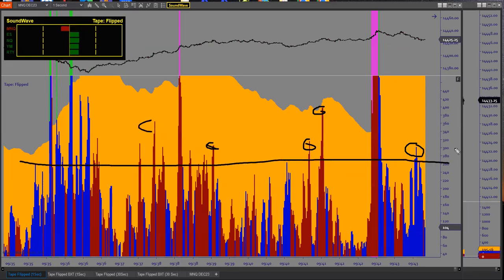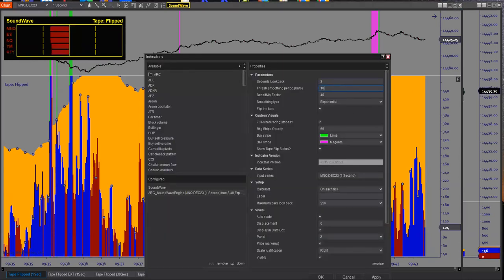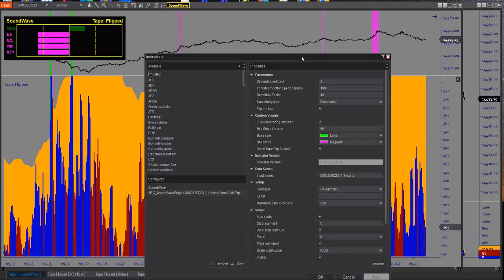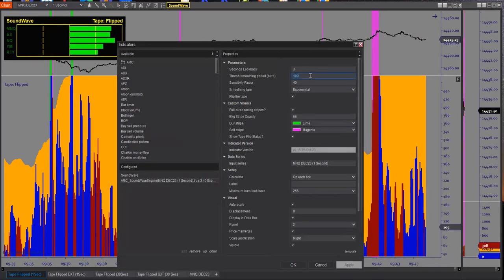When testing on different timeframes or different sensitivity settings, you can go in and adjust the threshold and drive this down to, say, maybe 100. It's going to make it more responsive. You see that? If I drive this down to, say, 50.